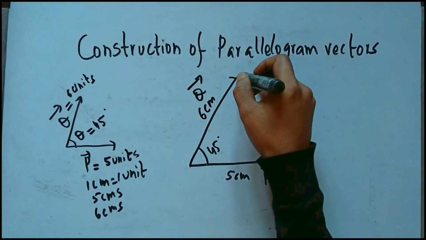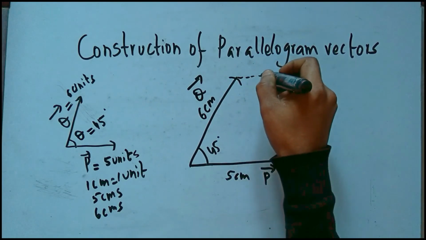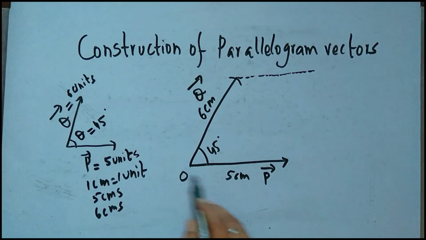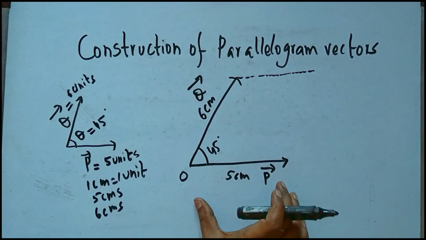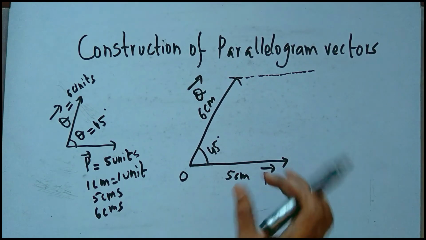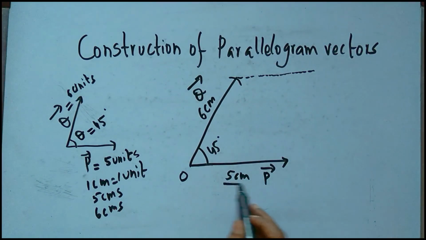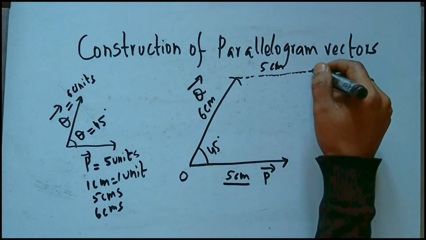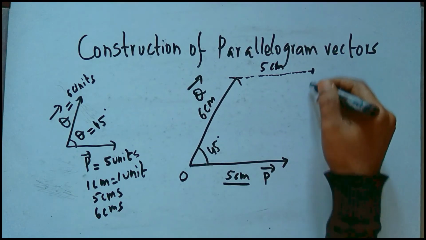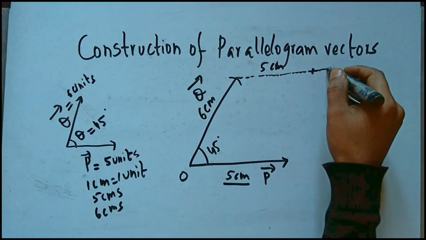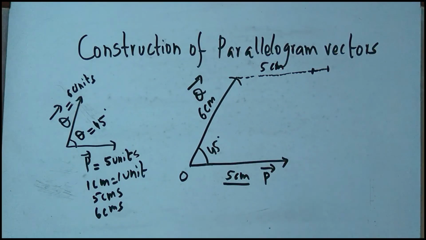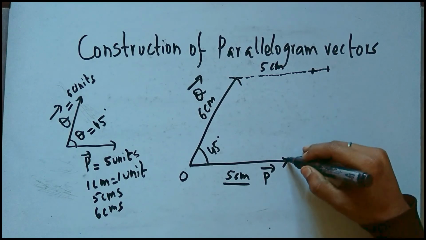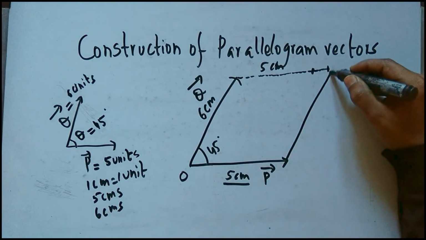What do we do now? We draw a line parallel to this P vector. Now this line has to be of the same length, 5 centimeters. So we make a point where 5 centimeters falls. From this point to this point we connect with a line.